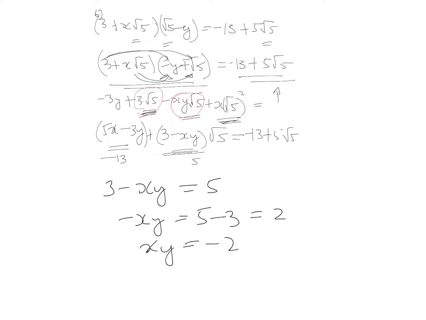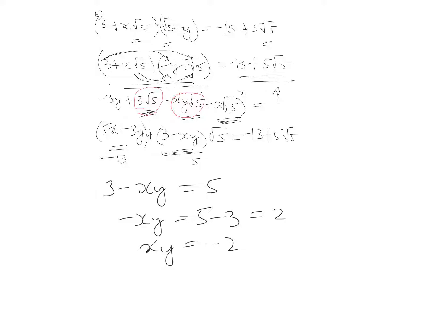All right, now why did I do that? I did that because then I could turn around and use this value of xy in the expression up here. Okay, so I know xy is equal to negative 2.